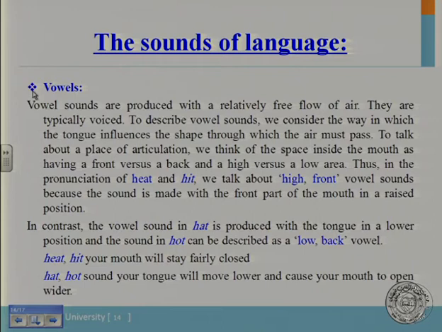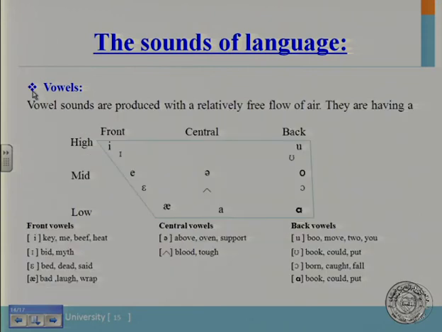When I say hit, hot, heat, hat: when you pronounce hit and heat, you can feel that the mouth is closed. But when you say hat and hot, you can feel that your mouth is open wider.